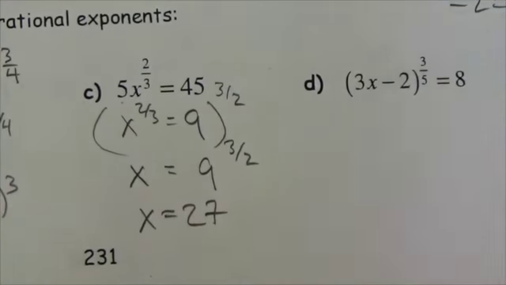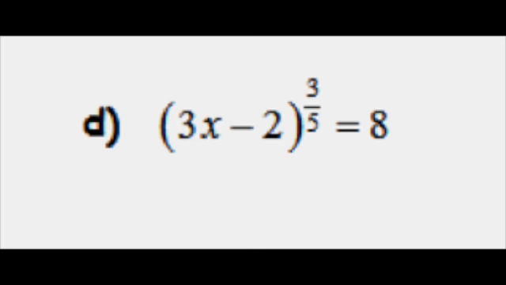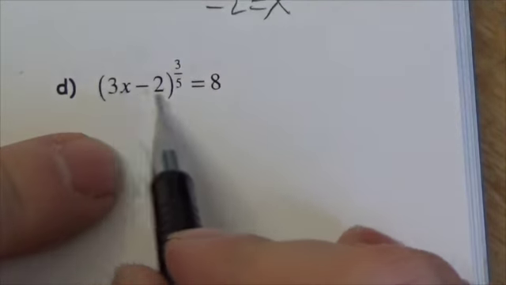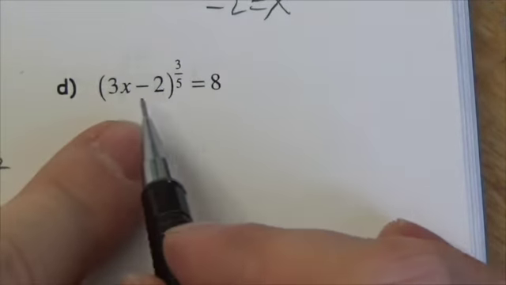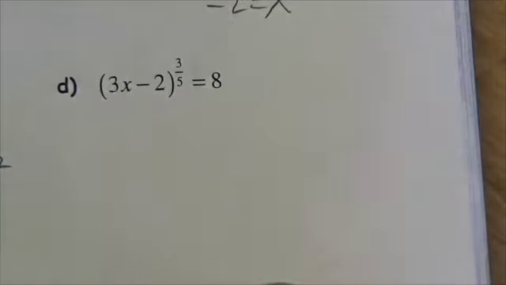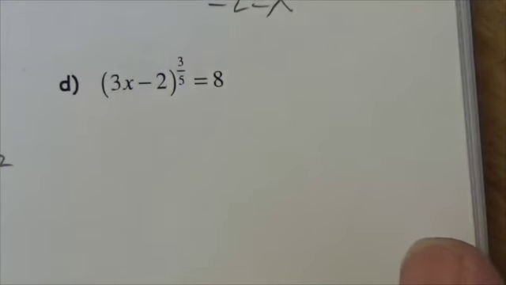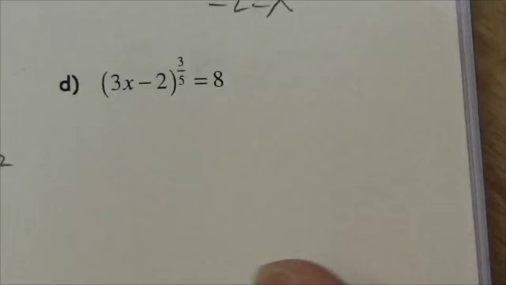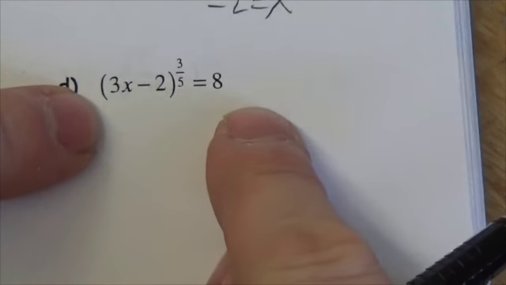It's just easier. (3x minus 2) all to the 3/5 equals 8. All right, now, don't let yourself get thrown off by this one, by the fact that it's got a binomial base. This is still base to the 3/5 equals 8. My goal is to isolate the power. In the previous question there was something else that I had to do to isolate that power, but in this one, the power's been isolated.